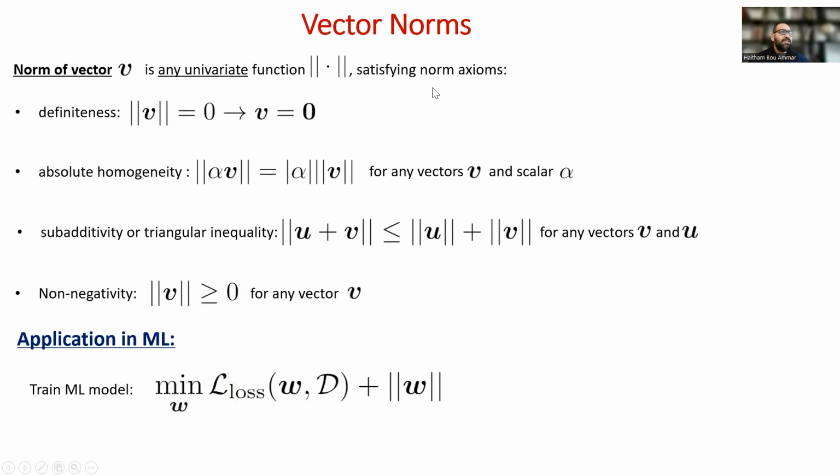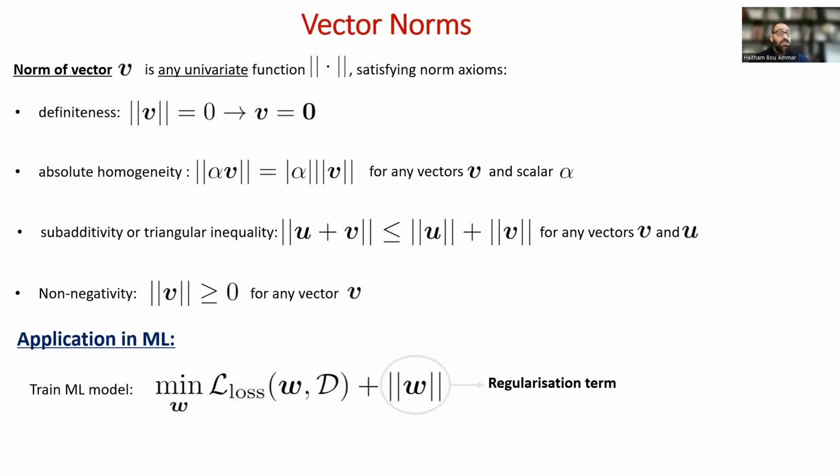So where do you see notation like this in machine learning? Well, if you are training a machine learning model, sometimes you decide to add a regularizer to your loss. So you would minimize with respect to the weights the standard loss, with respect to the weights and the data. For example, this could be MSE. And now you add a regularization term to avoid overfitting.